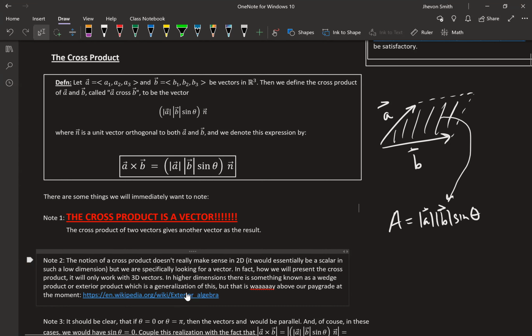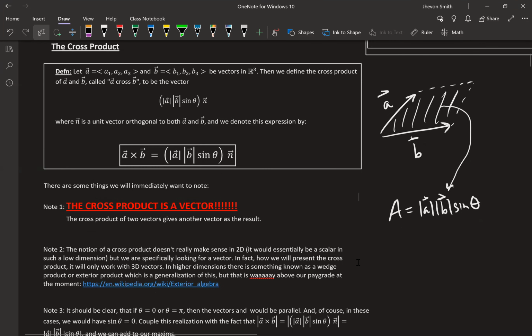If any of you become math majors, then you can come back here in like 2 years and read that link and you'll understand everything. Chances are if you were to read that now, 95% of it is going to go over your head because you just haven't covered enough math to actually fully understand that. So right now, just take it that we are just going to do this kind of vector in 3 dimensions only. All right.